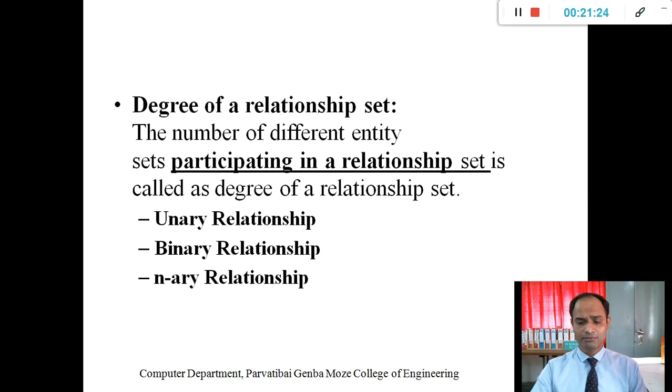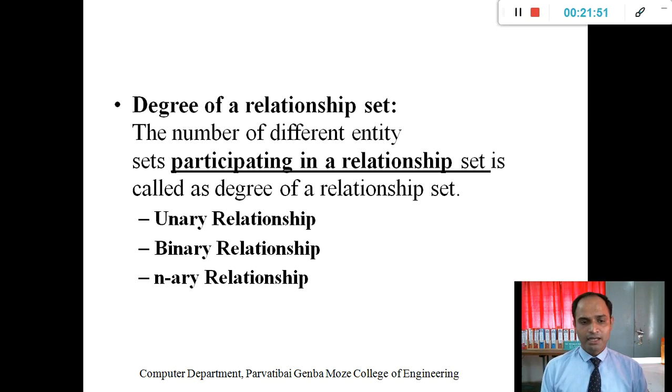Then next is the degree of relationship set. It means the number of different entity sets that participate in a relationship set is called the degree of relationship. A particular entity set can have a relationship with itself, that is one scenario.